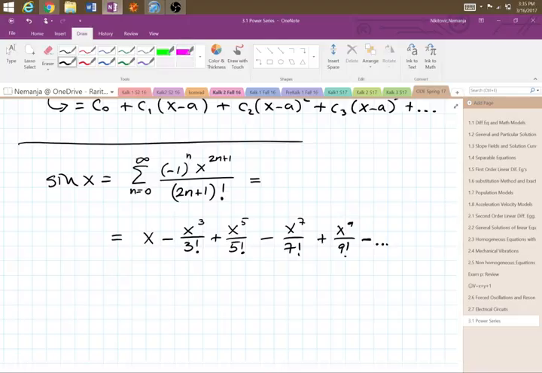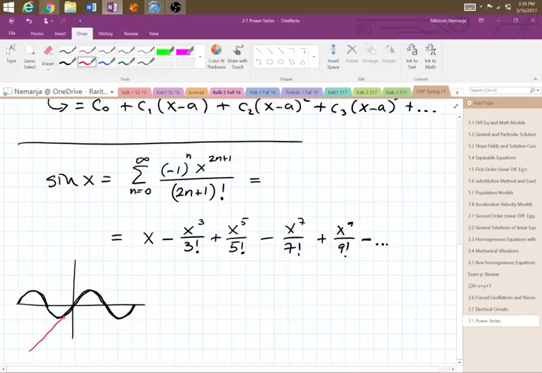If I am to just quickly graph these two, we know that the sine function does something like this. And the y equals x function is the 45 degrees line.